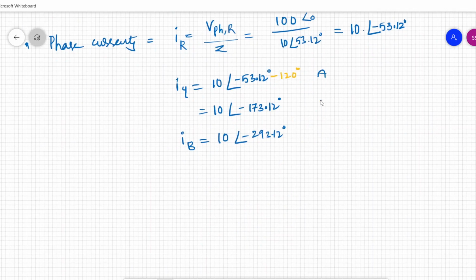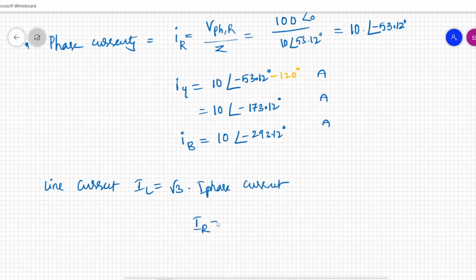So how can you find line current? Line current IL equals root 3 times phase current. That means IR equals root 3 times small ir, that is root 3 times 10 at an angle of minus 53.12 degrees, which equals 17.32 at an angle of minus 53.12 degrees.